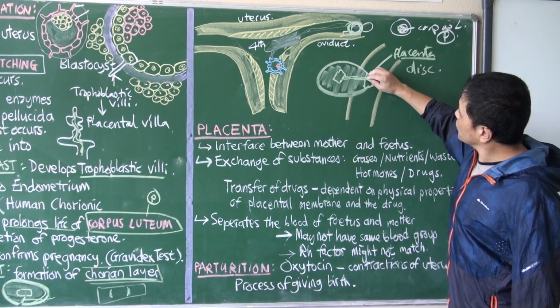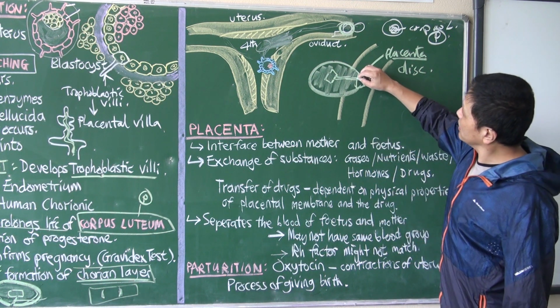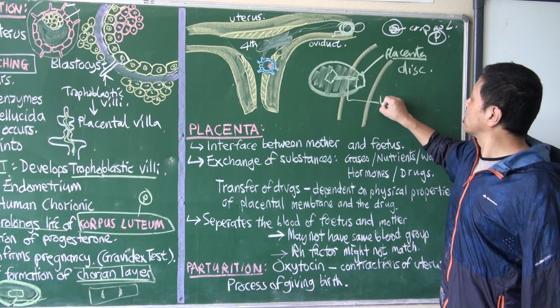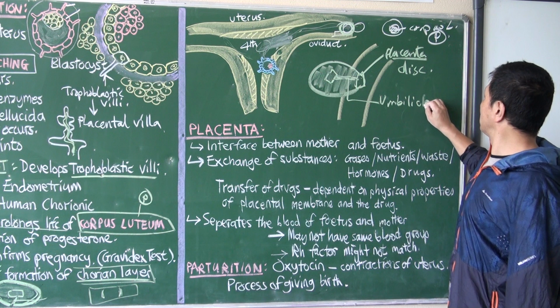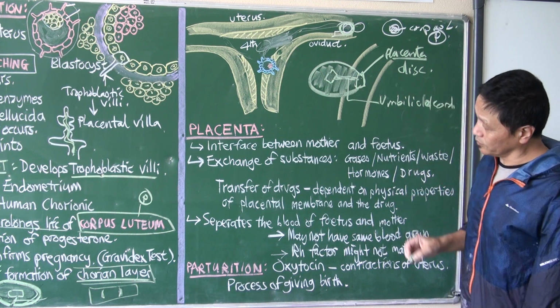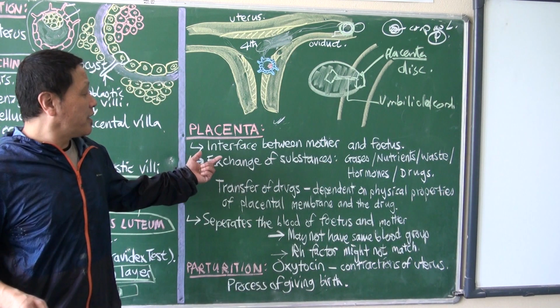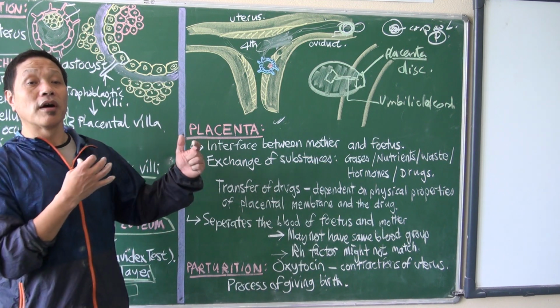This is the placenta, which is connected to the baby, or the fetus as it is called, by the umbilical cord. The work of placenta, it is the interface between mother and fetus. So it is where fetus and mother, they interact.